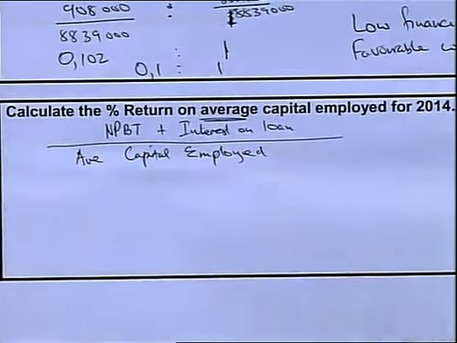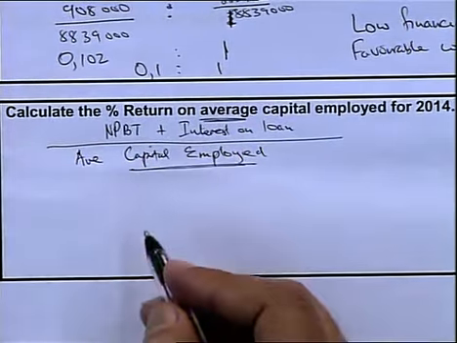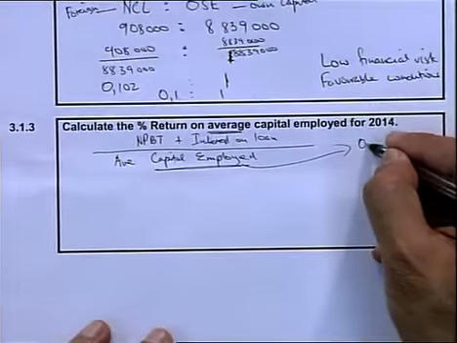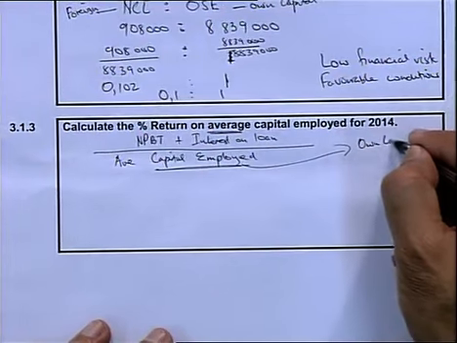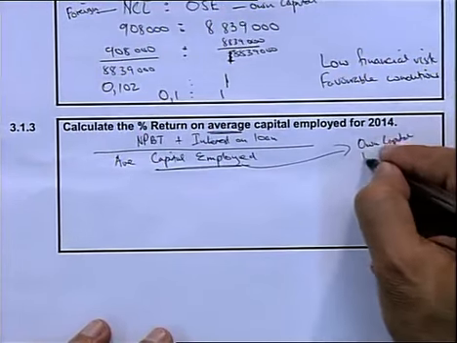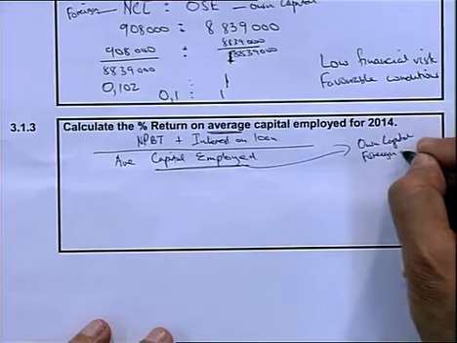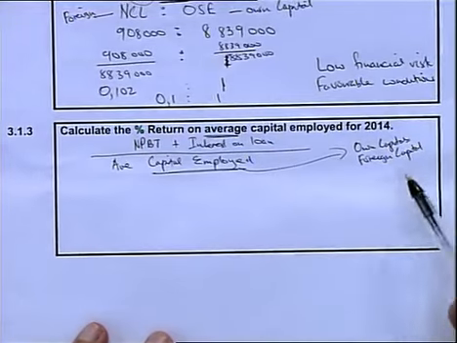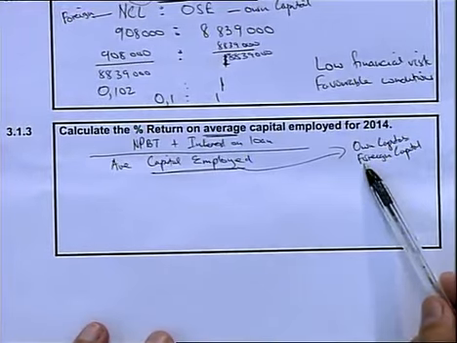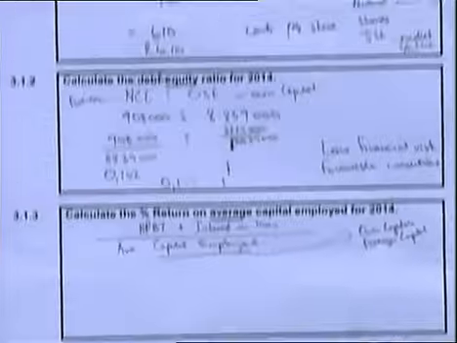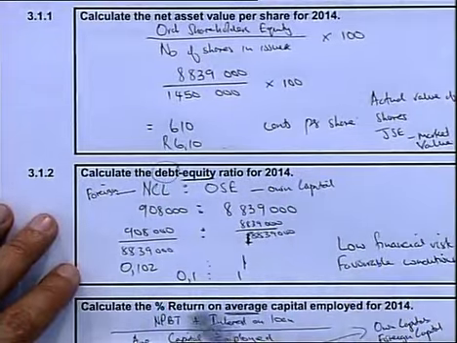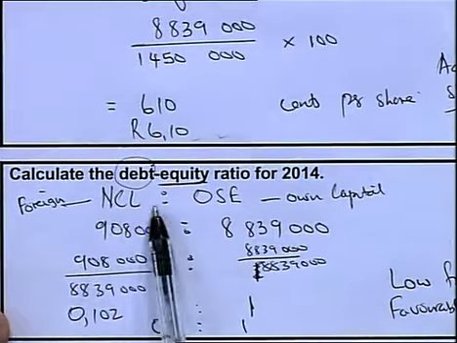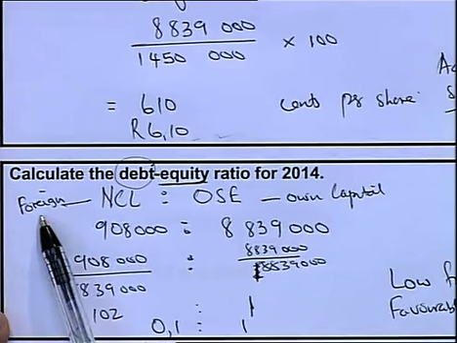Okay, so what is capital employed? Capital employed refers to your own capital and your foreign capital. Then we're back at the previous ratio because the owner's equity is our own capital and the non-current liabilities is our foreign capital.